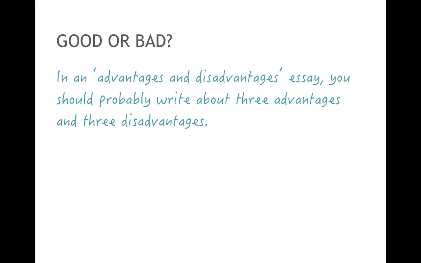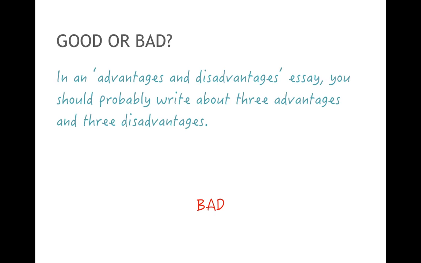In an advantages and disadvantages essay, you should probably write about 3 advantages and 3 disadvantages. Well, what do you think? Should you write about 3 advantages and 3 disadvantages? Well, I think it's a bit too much. Because remember, each of your advantages and disadvantages have to be supported with some relevant supporting arguments or examples.